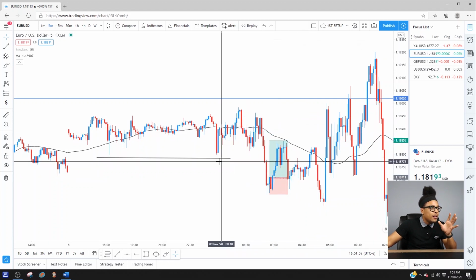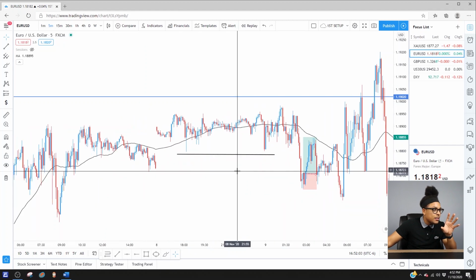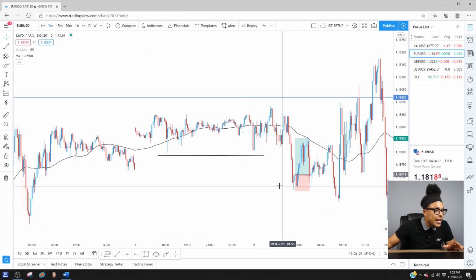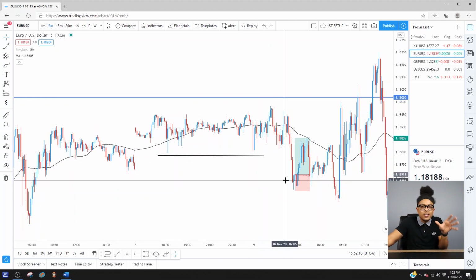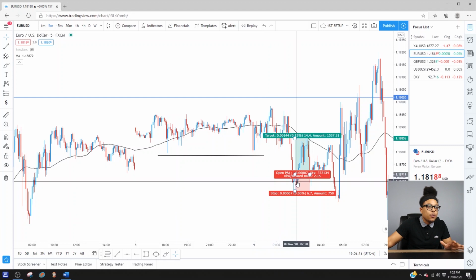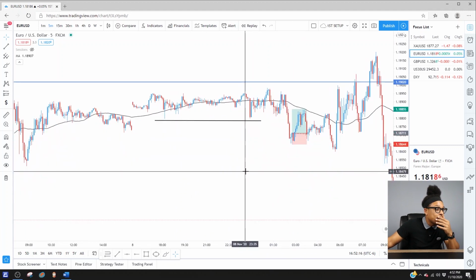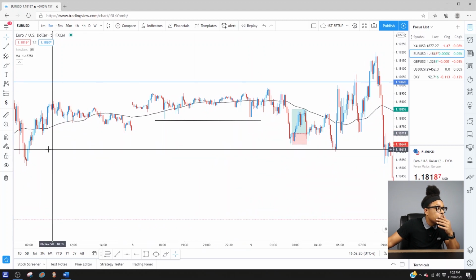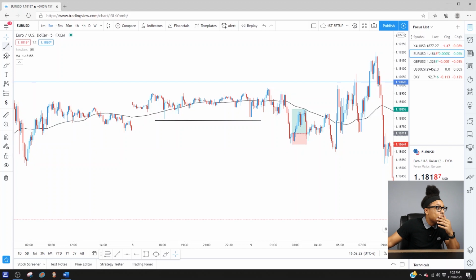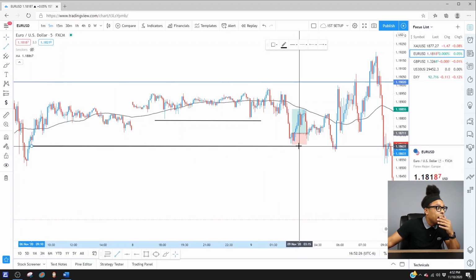But if you can see the concept, I messed up because I got in too soon. That was just a dumb move to get in right away. What I didn't notice at the time is that the market really created more liquidity with this move. You see this? It might not seem like much to you, but this is equal lows.